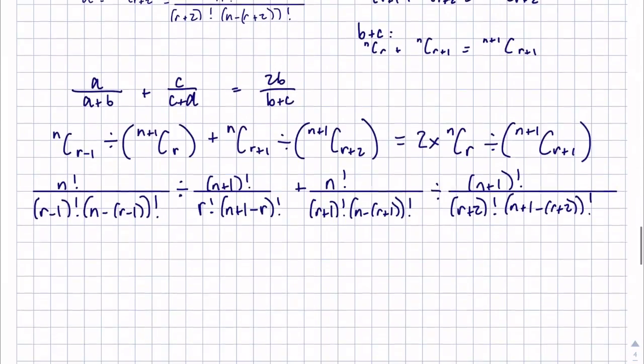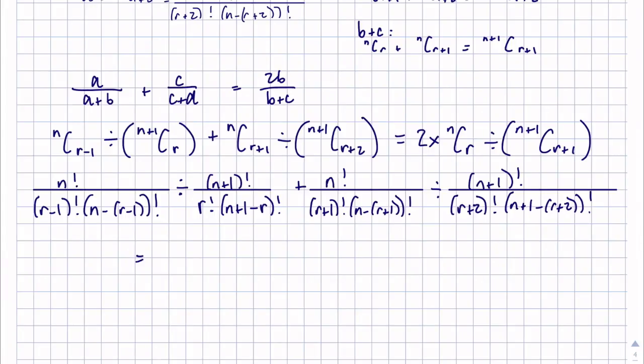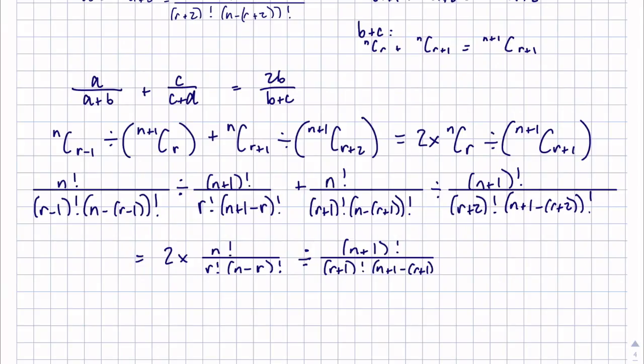And we're trying to say that this whole thing equals 2 times n factorial over r factorial (n minus r) factorial, divided by (n plus 1) factorial over (r plus 1) factorial (n plus 1 take r plus 1) factorial.